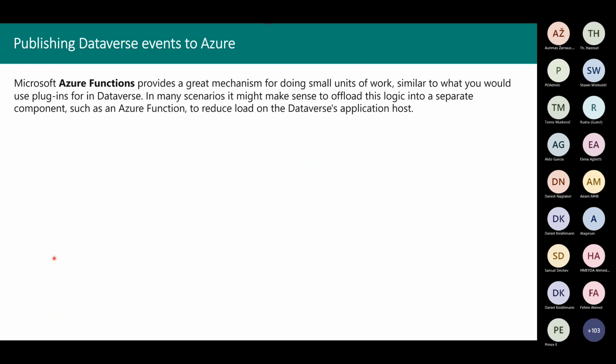So this means that instead of creating a plugin that contains business logic that calls an external application when something happens on Dataverse, I can put this business logic outside, in an Azure function, and from Dataverse trigger a webhook to the Azure function endpoint that simply passes the Dataverse context, and from this I can do my actions.